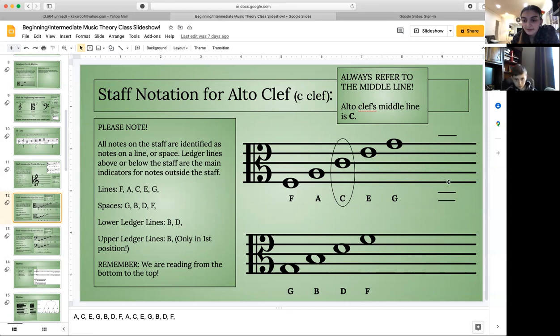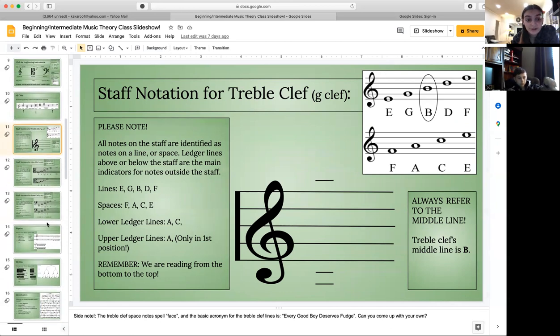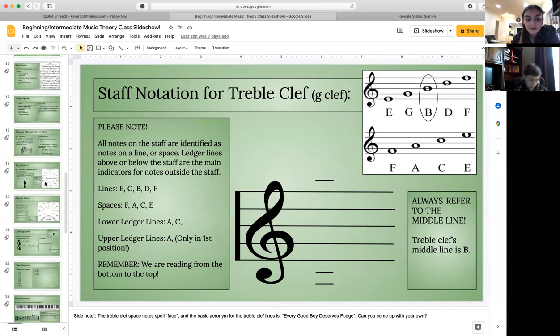I have F, and then one below F is E, and now I have my D. I have C, and then B. Now, my upper ledger lines: notice if this is 2 below, this is 1 above. So I have B as the upper ledger line, and then I have the very same thing, for example, in treble clef. I'd have A down here, and then I have A up here. So if that helps you out when pondering your ledger lines, then that is a certain pattern to recall.